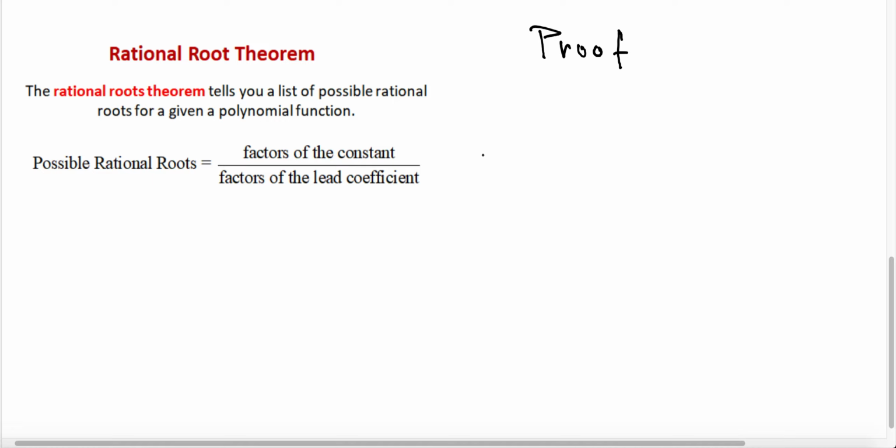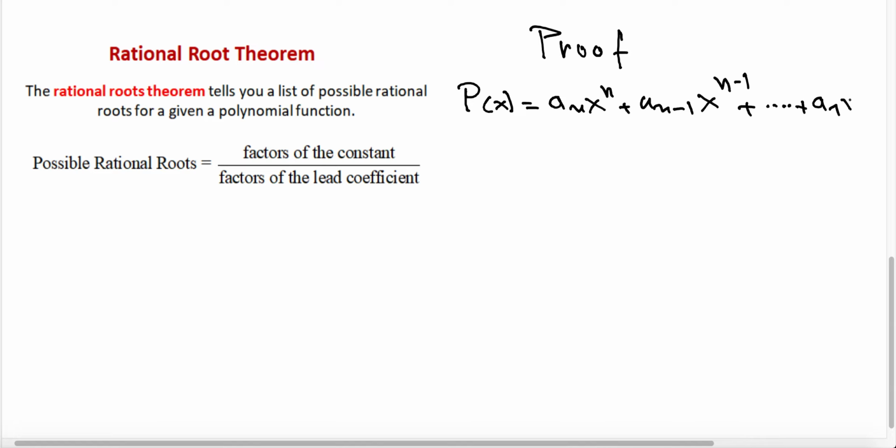Okay. So first of all, let me write here the polynomial function in general form. And the general form is going to be as follows: a_n x^n plus a_{n-1} x^{n-1} plus dot dot dot plus a_1 x plus a_0. So this is a polynomial in the general form.